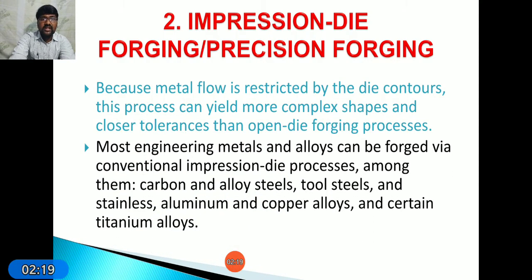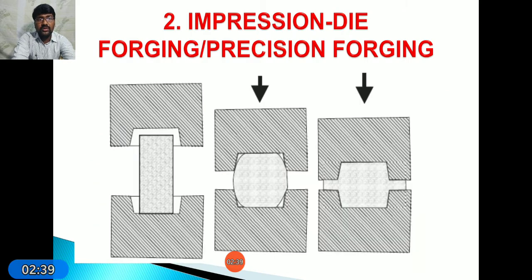Most engineering metals and alloys can be forged via the conventional impression die process, among them carbon and alloy steels, tool steels, stainless steels, aluminum and copper alloys, and certain titanium alloys. These are all the materials that can be forged using the impression die forging process or precision process.